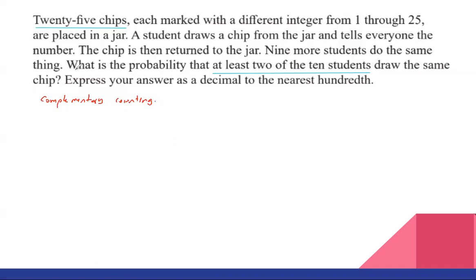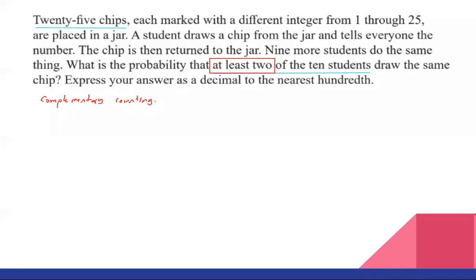In this case, we do have 25 numbers, and we'd like to get at least two of those numbers to be the same. That's what we want. But instead of finding at least two of those numbers the same, we are gonna find how many ways all those numbers are different, and subtract from the total case to find my actual probability.